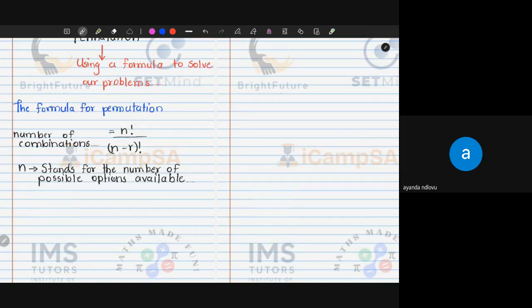And let's look at our r because it shows up here. Our r stands for the number of positions available. Okay, this is what our formula states. Guys, anyone who has a question for now?